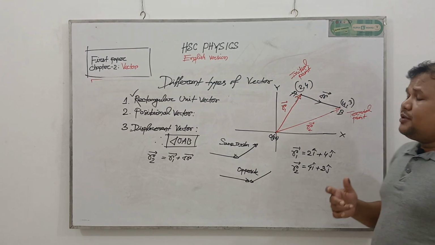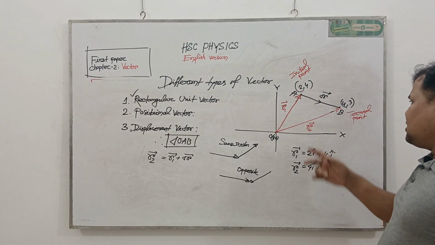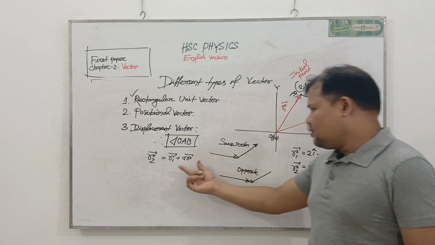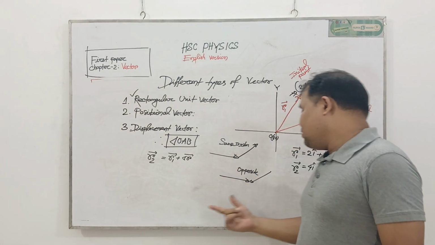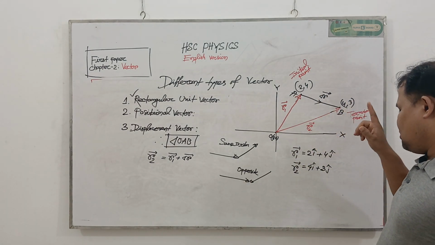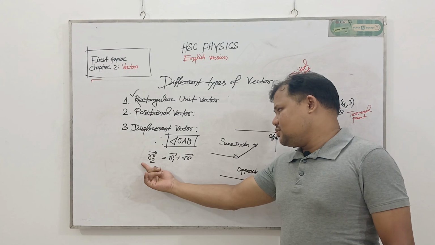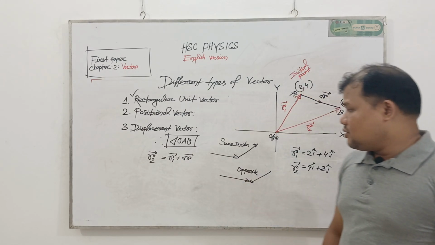If the 3 vectors represent the sides of a triangle, the same order of the 2 vectors is summation, and the opposite order vector represents the third side. This third side opposite vector represents the resultant of these 2 vectors.